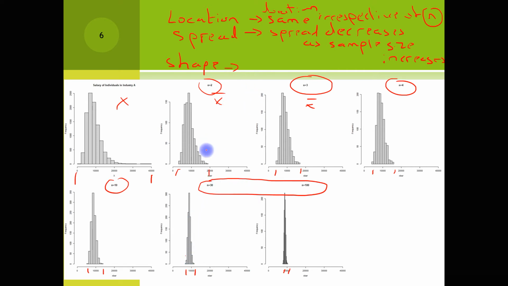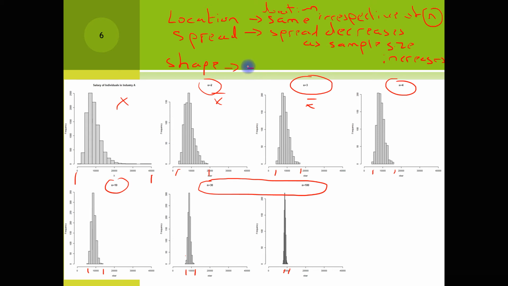So what is the next observation? This observation that I'm going to mention applies only if the sample size is large. If the sample size is small, what I'm going to say does not make sense. So what is the next observation about the shape?